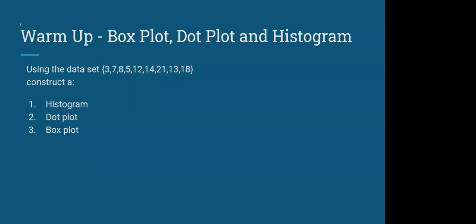All right, so remember, a box plot is a 5-number summary of the data that you have. Okay, a dot plot is just that. It is dots above a number line. And a histogram is what we've been looking at.